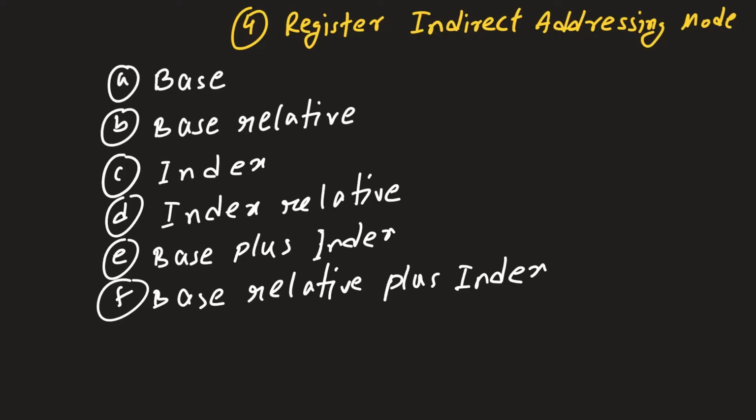In register indirect addressing mode, the address of the data is pointed out by some register, sometimes using some displacement, or it may be without displacement also. First, let's discuss the addressing modes which do not have any displacement. That is the base addressing mode, index addressing mode, and base plus index addressing mode. Let's see the examples of each of these.